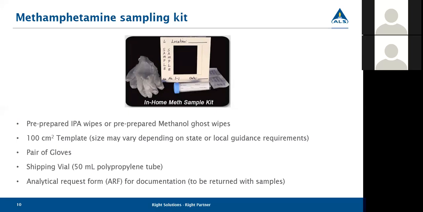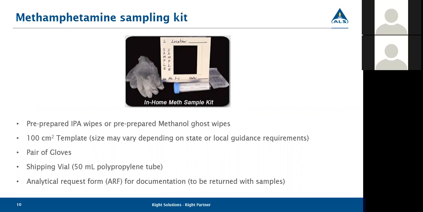The kit includes a pair of gloves and a shipping vial to ship the sample once it's been obtained to the laboratory, along with an analytical request form for documentation that will be returned with the samples. We'll discuss further other portions of this later in the presentation.